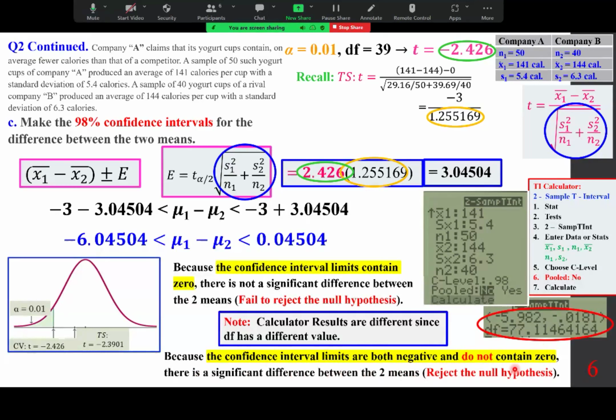So, in short, if the confidence interval contains zero, fail to reject the null hypothesis. If it doesn't contain zero, doesn't matter whether both negative or positive, reject the null hypothesis. That's how they agree with each other. And again, this had a discrepancy.